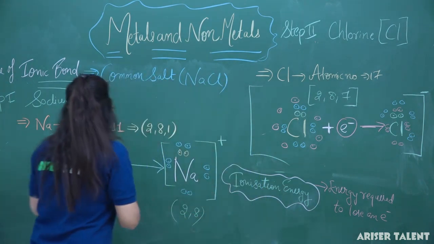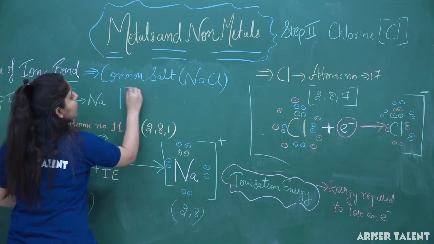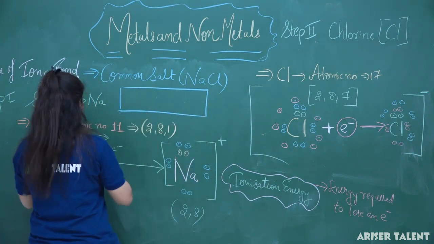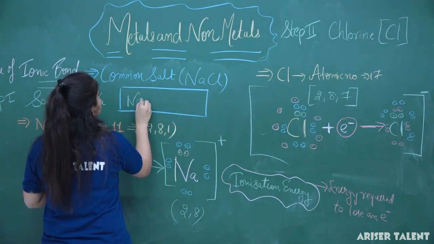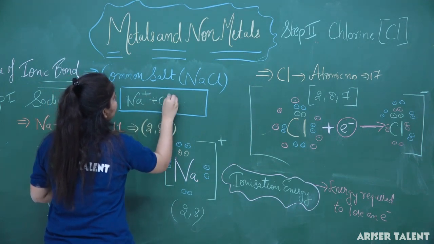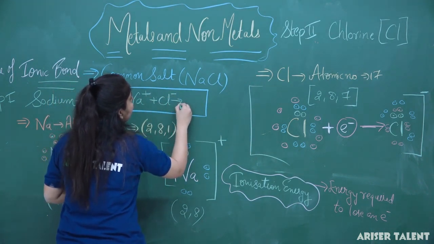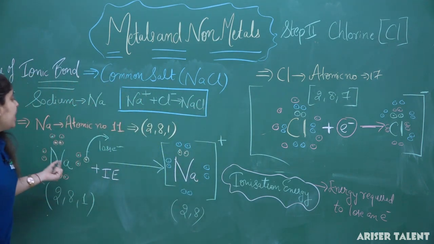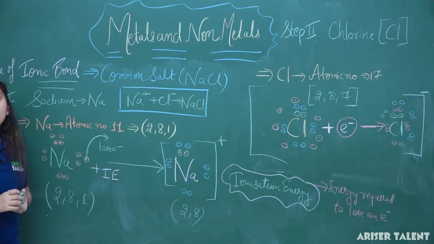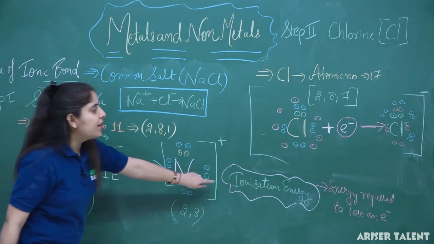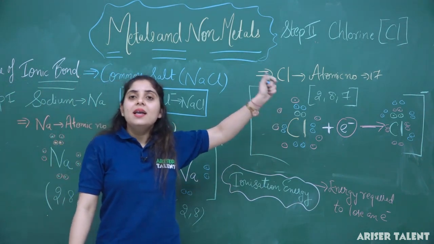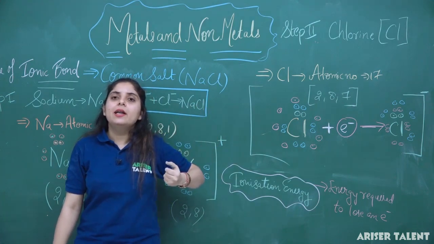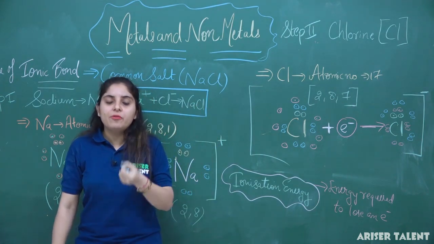So we can see that Na positive plus Cl negative is going to form NaCl. Now, the energy required for losing an electron is termed ionization energy, but in this process, the energy to gain an electron is known as electron affinity.